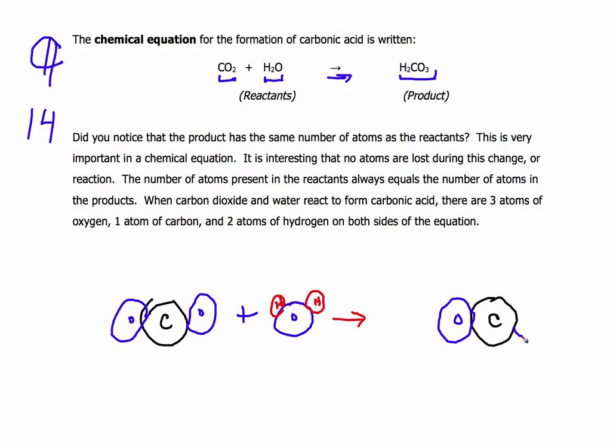And an oxygen atom here. And we'll have an oxygen atom here, and I suppose the other oxygen could be up here. And then we're going to have 2 hydrogen atoms from the water that broke apart. And we're going to have hydrogen there. And we're going to have hydrogen there. And so we have carbonic acid.